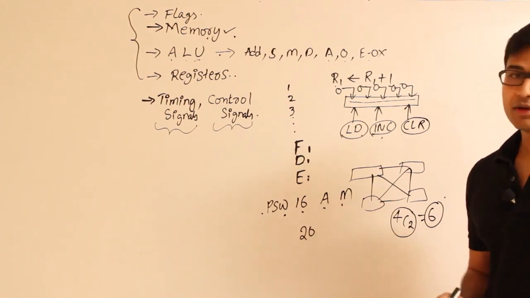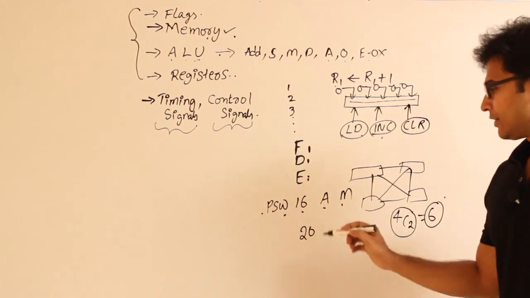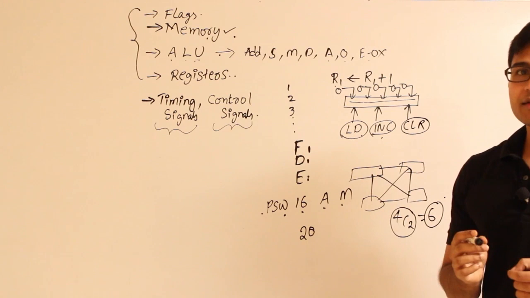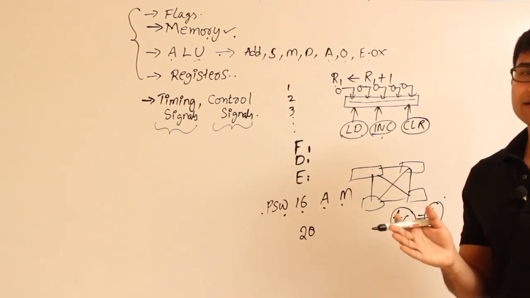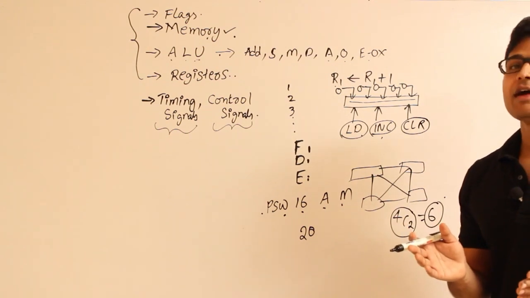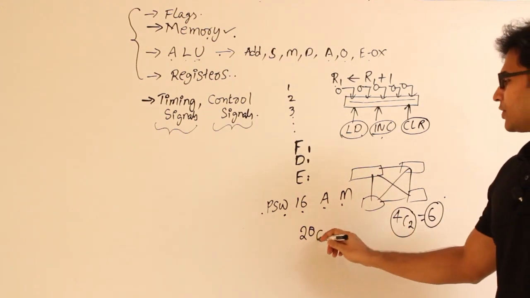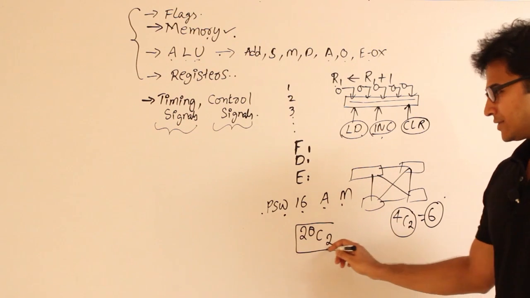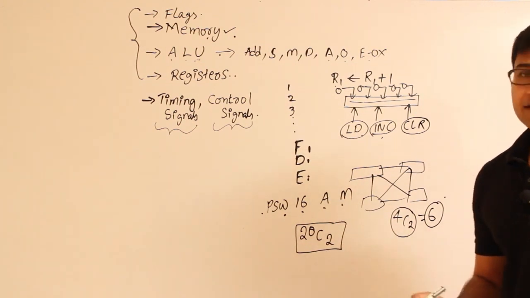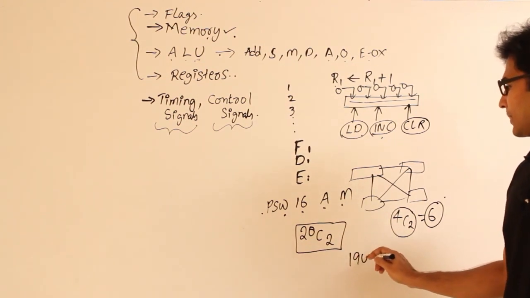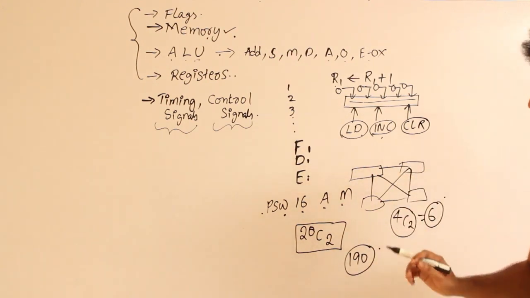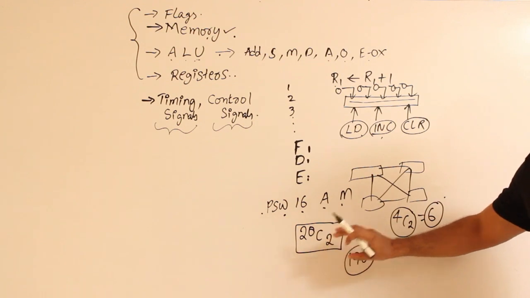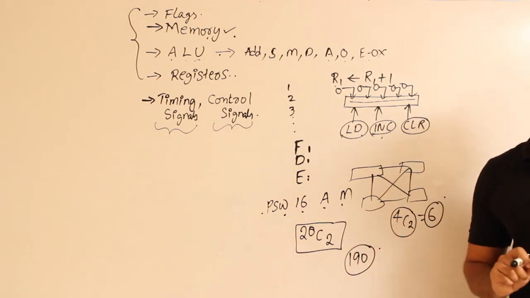If you are going to connect every 2 units in a kind of mesh, then you have to go with 20C2 lines. 20C2 is nearly how much? I think 190, right? So 190 lines you need, but then it is going to be really a headache to manage all these wires together, right?